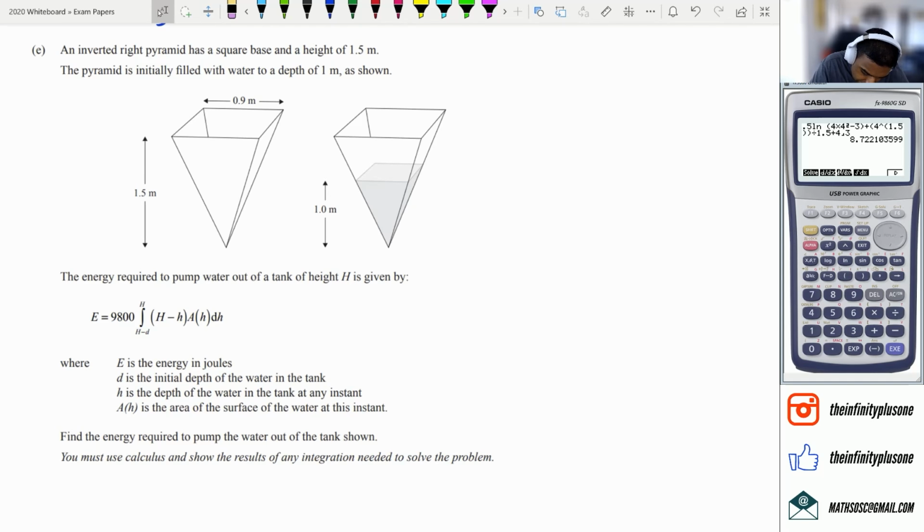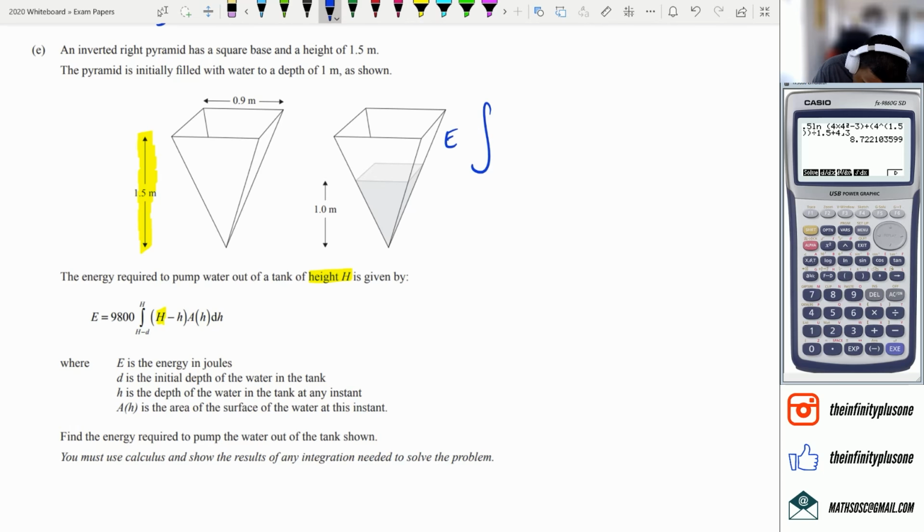Now, the first thing is that we've got this capital H. Capital H is, as you can see, the tank height itself, which is going to be 1.5. Okay, so I'm going to rewrite this equation right now.